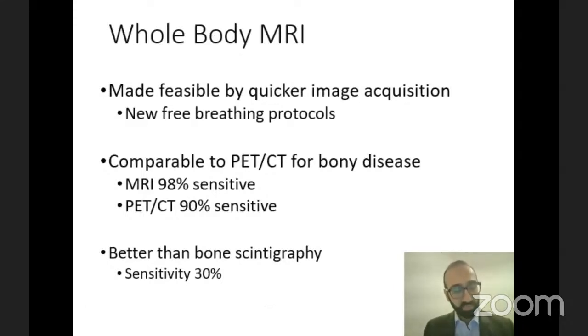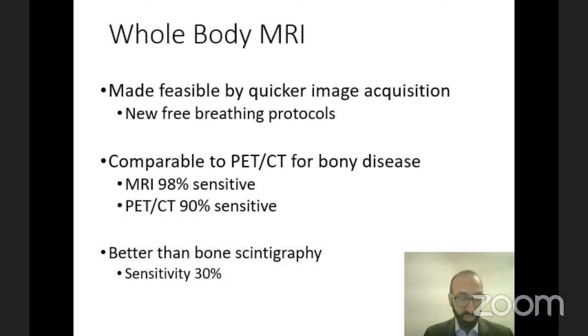Whole body MRI, I'm not going to talk in detail about this because it's probably a talk in and of itself, but the short of it is that MRI is 98% sensitive for looking at bony disease in certain tumor groups, including Ewing's and rhabdomyosarcoma, so the primary bone sarcomas. And that's better than PET.